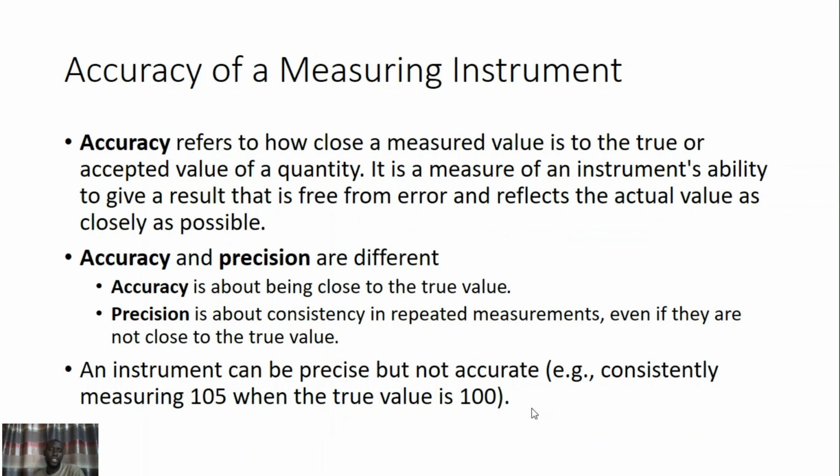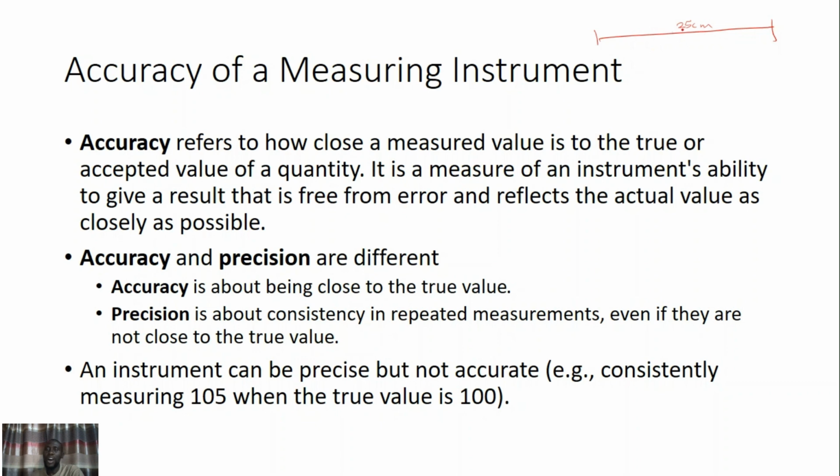Accuracy and precision are different. Accuracy tells us how close a measurement is to the true value. For example, let's say the distance between here and here is 25 centimeters. Let's say we now measure this value with a ruler or whatever measuring instrument.